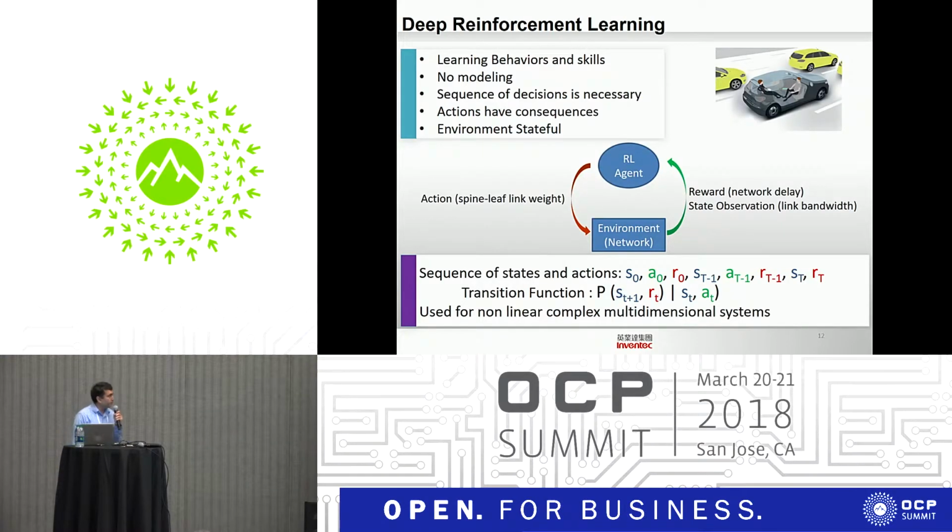One of the ways that folks have looked at getting deep learning onto the networks is using deep reinforcement learning. The fundamental difference with supervised or unsupervised learning of neural networks is that there is no modeling involved.